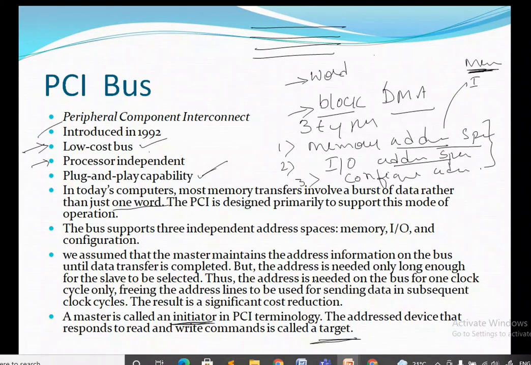We are already familiar with the keyword master, the master of the bus. Whichever device uses the bus at that particular time is the master of the bus. Here we assume that the master maintains the address information on the bus until the data transfer is completed.